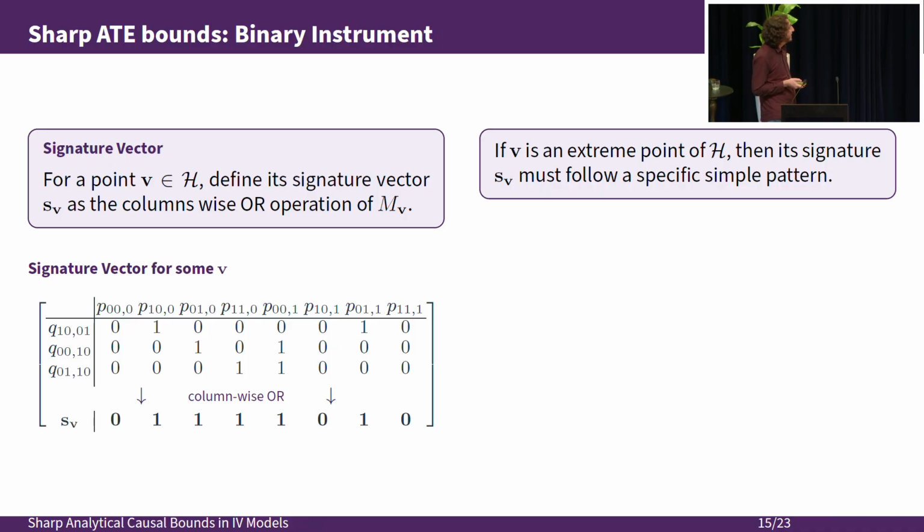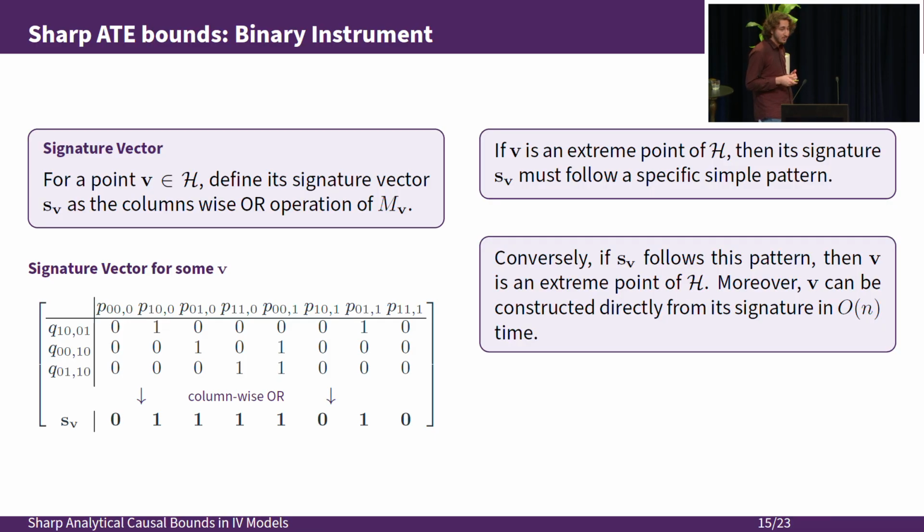It turns out that if V is an extreme point, its signature vector must follow a specific pattern. Conversely, if a signature for a point follows those patterns, its associated point must be an extreme point, and we can construct that extreme point in linear time.